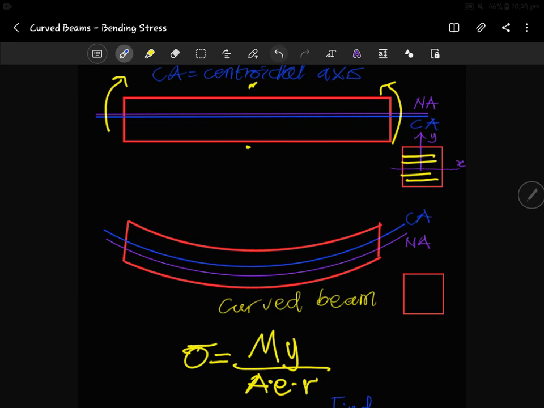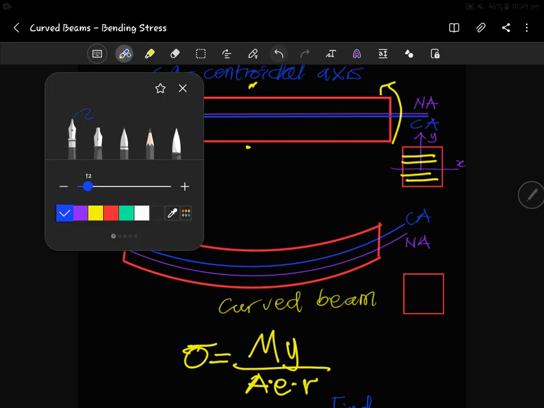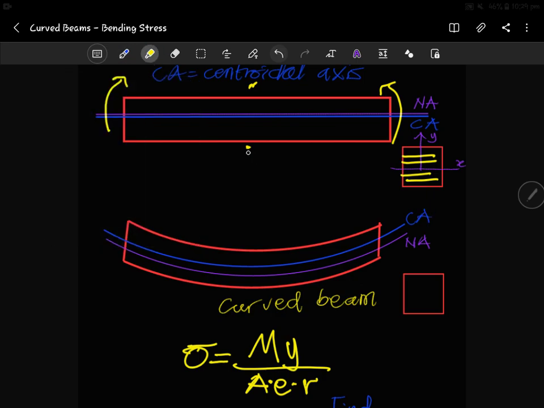Centroidal axis. And all these have names. From the center of curvature to the very center, which is the centroidal axis, this one we call the RC, the radius of curvature, right? And then to the neutral axis we call RN. This right here we call RN.